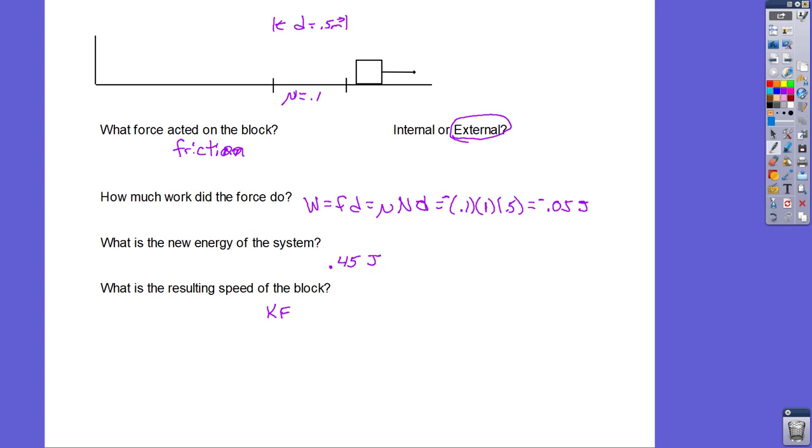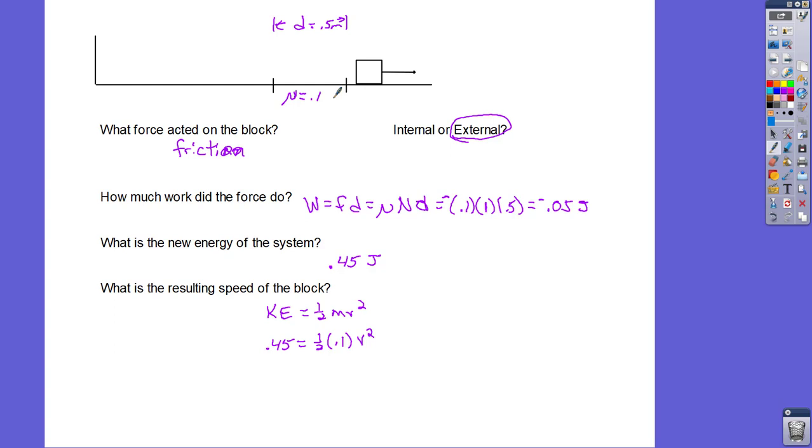So KE is equal to 1/2 mv squared. So we have to have 0.45 joules of kinetic energy equal to 1/2 times 0.1 times v squared. And I'll let you guys do the math if you need to prove that. But that's the idea here. So here we have an external force taking energy out of the system.